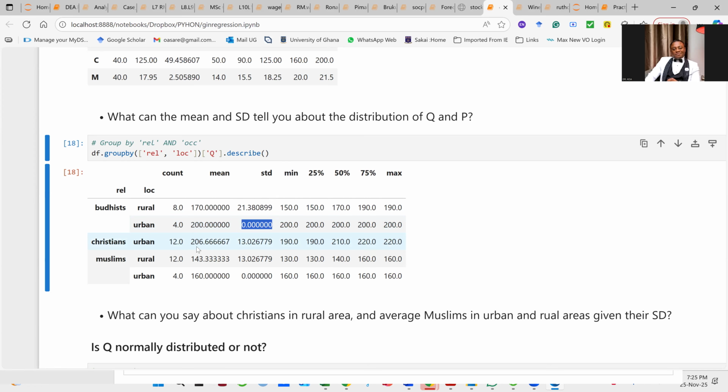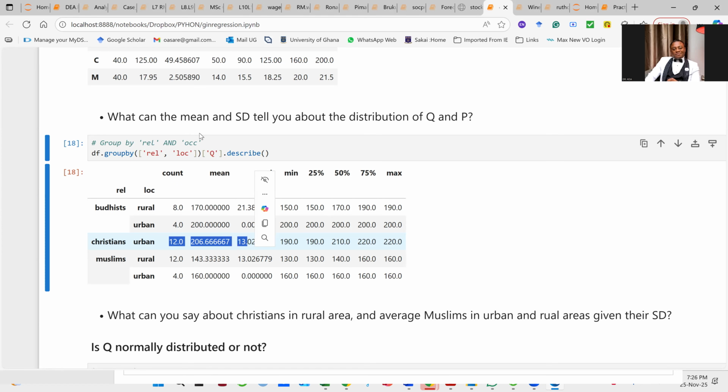If you check the urban guys among the Buddhists, you see that they all have the same value for their quantity demanded. The next one is the Christians. The Christians are 12. The average quantity demanded is 206, and the dispersion is 13, which means that there is less variability among them.